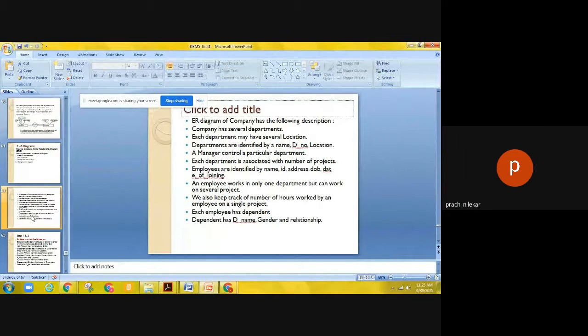Each department has several locations. Departments are identified by the name, department number, locations. So I just read three statements. Can you analyze the entities? Which are the entities in these three statements?